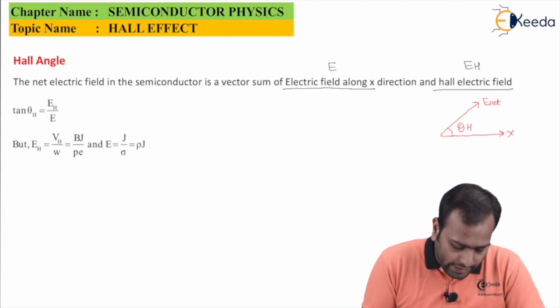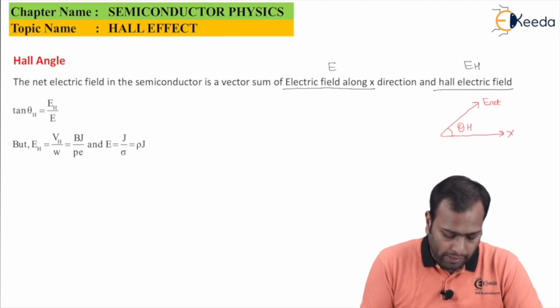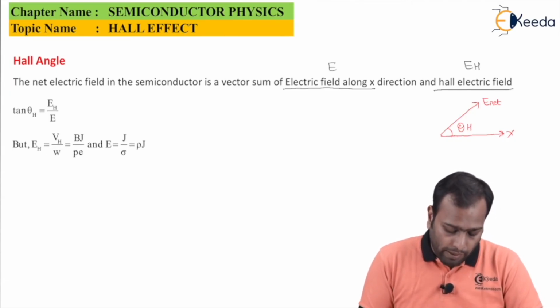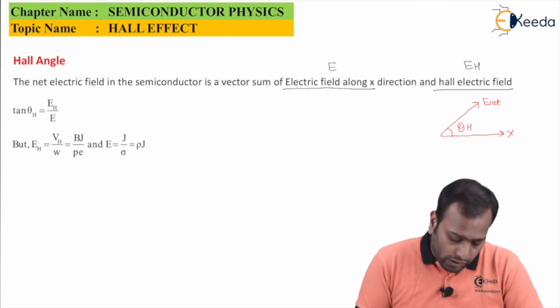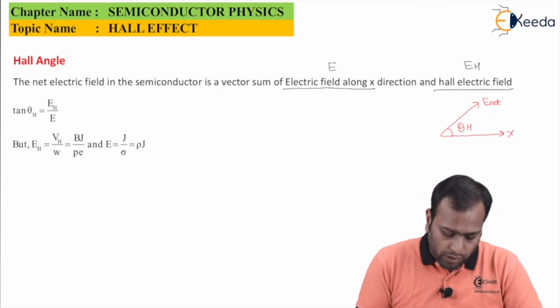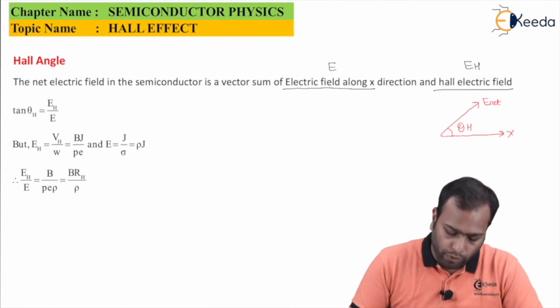But we know that E_H is equal to V_H by W, which is equal to B J upon p e. And we all know that 1 upon p e can be replaced with R_H. And of course, E is equal to J upon sigma, which is nothing but rho into J, because we all know that 1 upon sigma is nothing but rho.